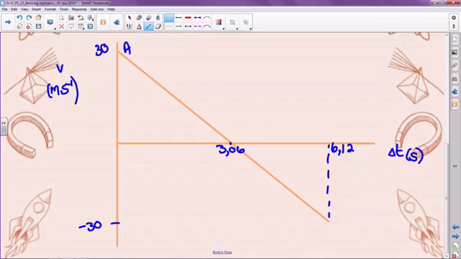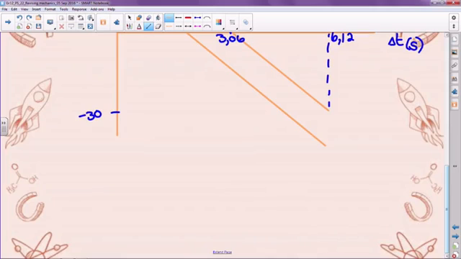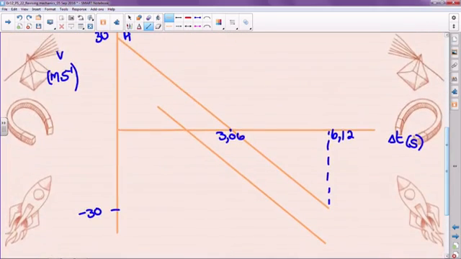Ball B. Now, ball B starts 2 seconds later and hits the ground at the same time. What's important about this ball B? Ball B is going to start 2 seconds later, and I'm hoping you can see on your screens that the line for B must be parallel to the line for A. They experience exactly the same acceleration.